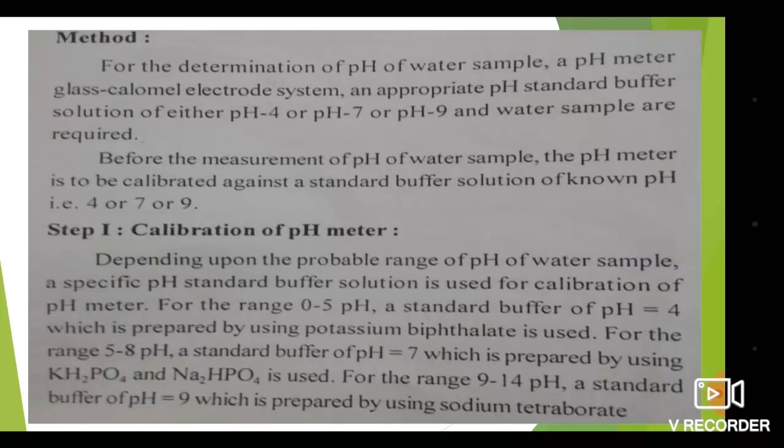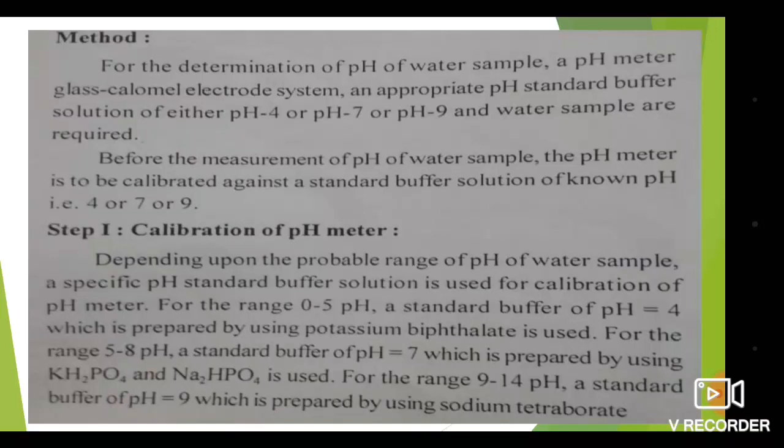Depending upon the probable pH range of the water sample, a specific pH standard buffer solution is used for the calibration of the pH meter. For the range of 0 to 5 pH, a standard buffer solution pH 4 is used, which is prepared by using potassium biphthalate.